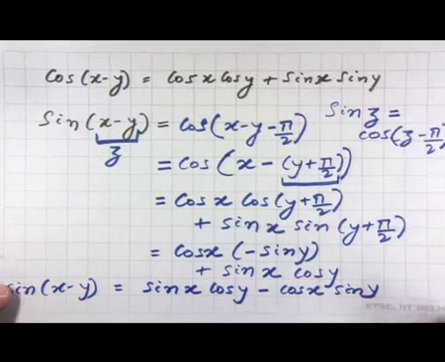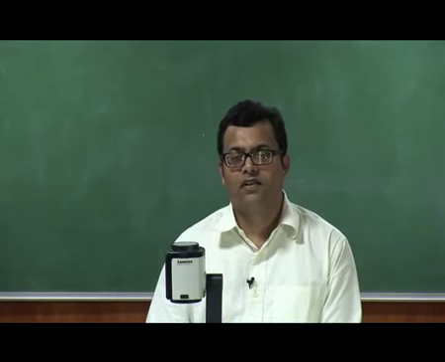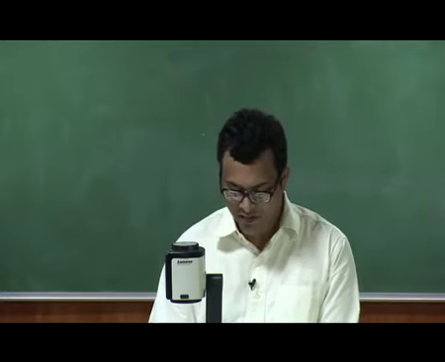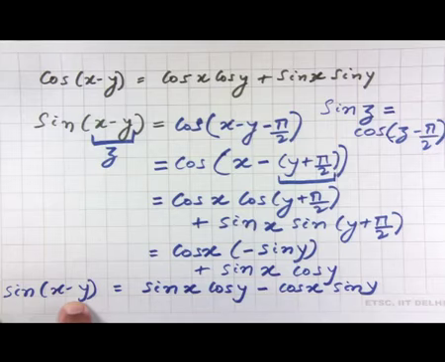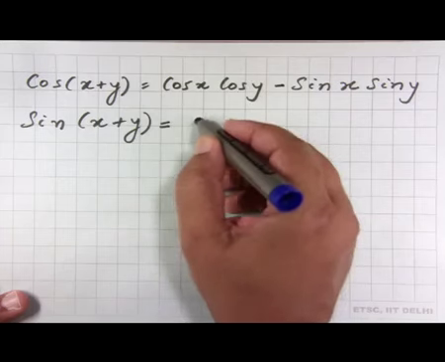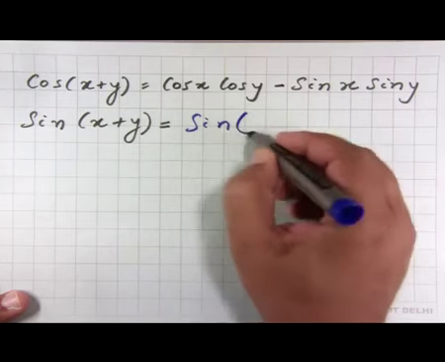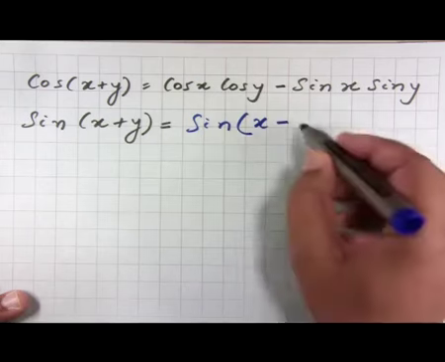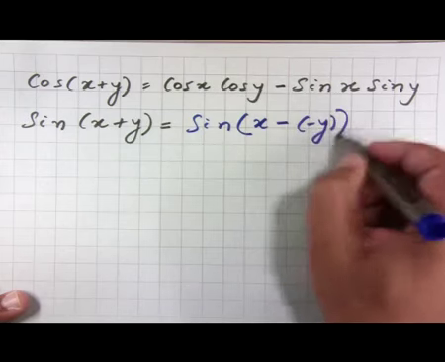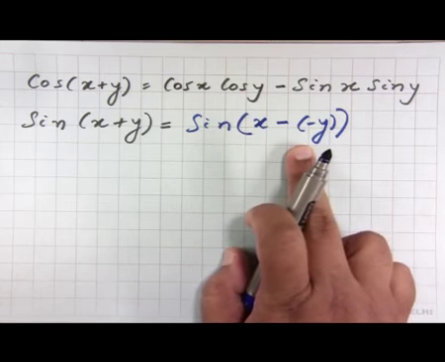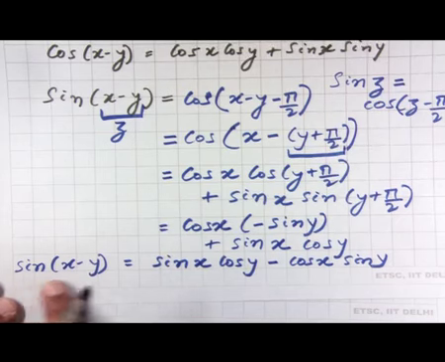Using this formula, we can now easily derive the expression for sine of x plus y. We just need to replace this y with minus y. For sine x plus y, we write this as sine of x minus minus y. So, this minus y is like the y that we had in the expression for sine of x minus y.